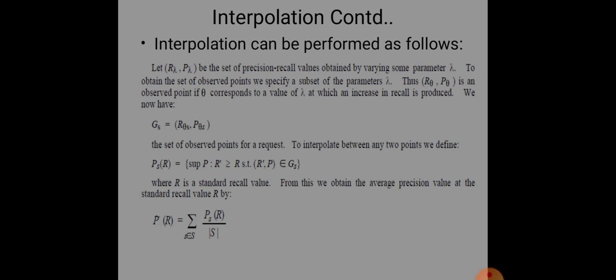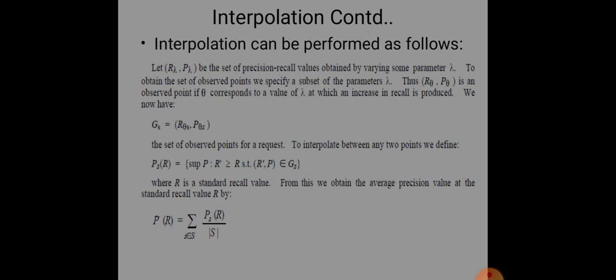The average precision value can be given by the equation P(R) = sigma over s element of S of P_s(R) divided by the number of observations. Here S means the number of observations.